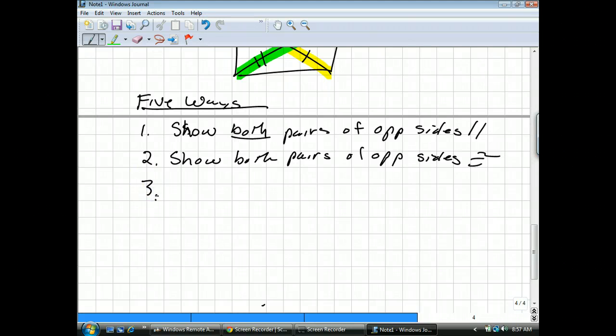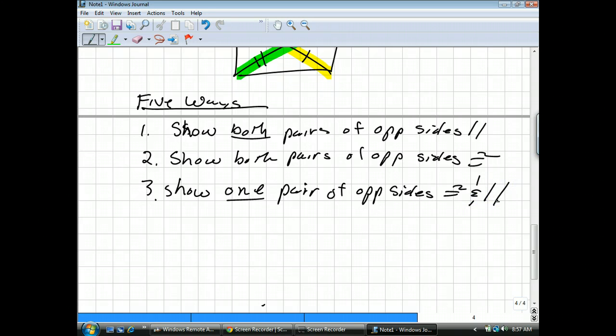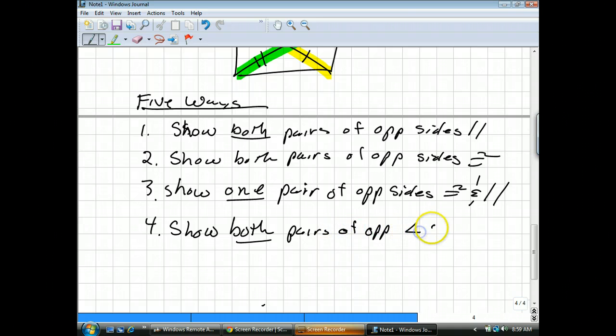Number 3, we can show one pair of opposite sides congruent and parallel. Number 4, show both pairs of opposite angles congruent.